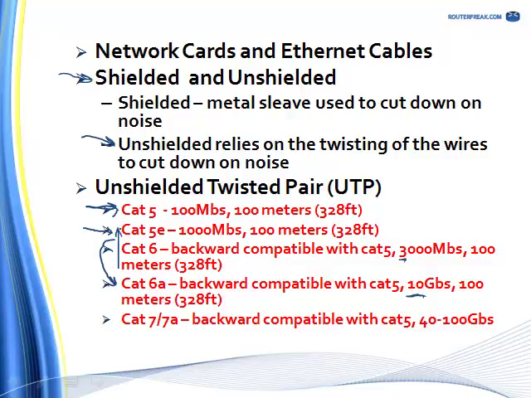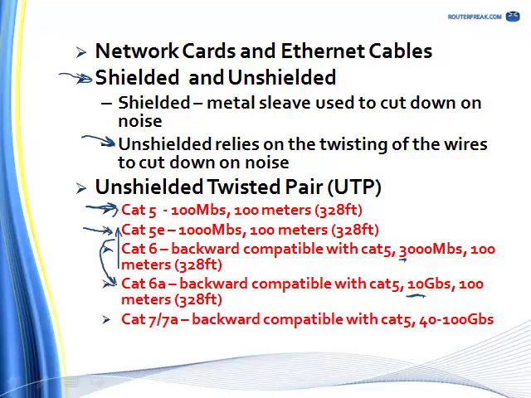So with Cat5 and Cat5e, the copper will be twisted around each other, say, and I'm making this up, I really don't know the exact amount, say 5 times every foot. Whereas Cat6 will be twisted 15 times a foot or something like that.